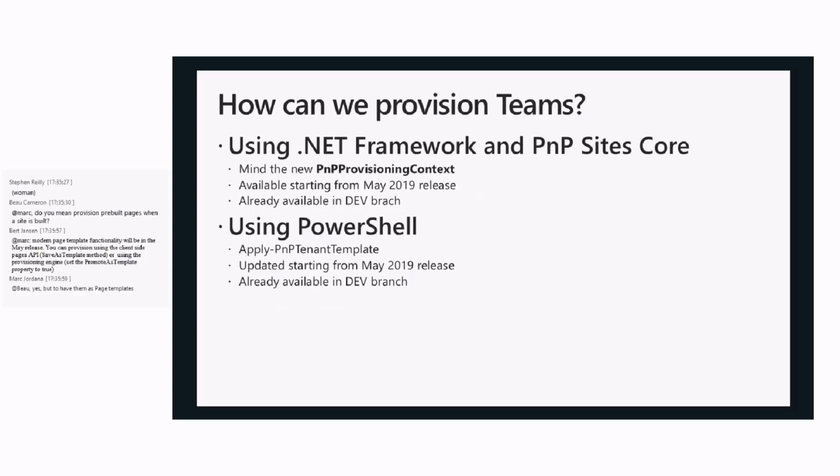Because, of course, under the cover, the provisioning of teams leverages the Microsoft Graph and most of the beta actions that are now available in the beta endpoint of the Microsoft Graph. So keep it in mind. We are still using some of the beta actions available in Graph.